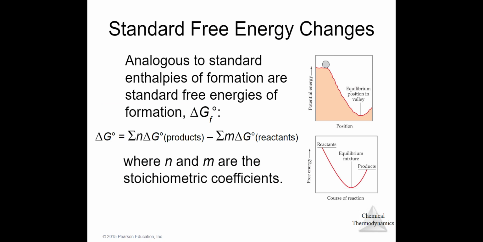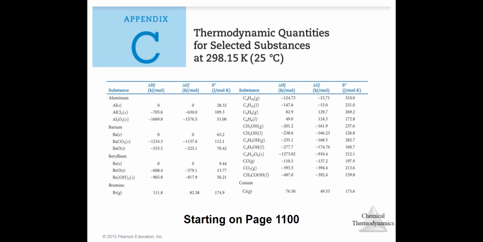Another way we can look at free energy is in the same way we've been looking at everything else. We can look at it with respect to products minus reactants, because all of our compounds are also going to have a standard value of free energy. If you go back in your book, take a look at that Appendix C, which I know we've referenced many times already.